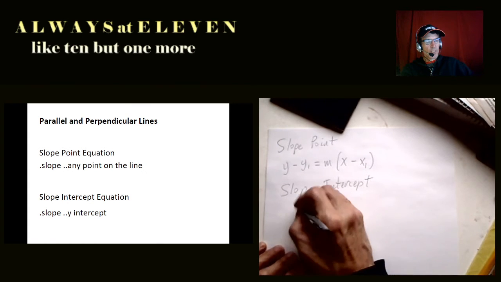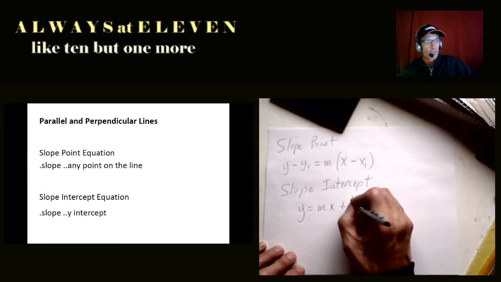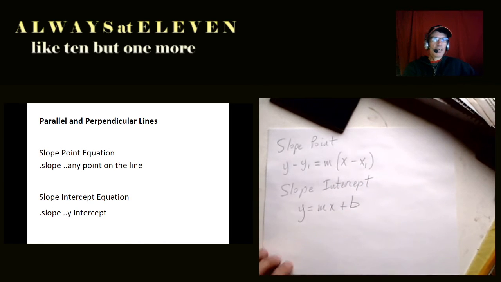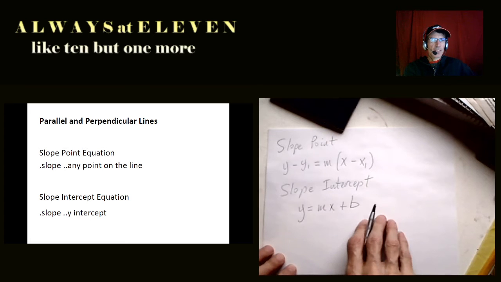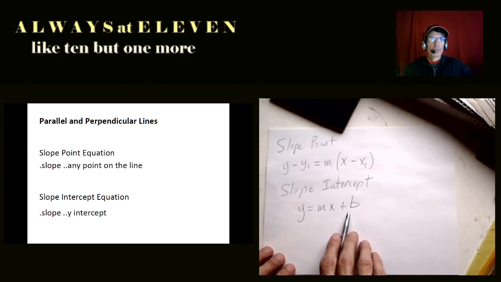But slope-intercept looks like y is equal to mx plus b, as we've seen before. For this one, what do you need to get this equation? The slope, just like the other version, and you need the y-intercept as well, which might be given directly, or you might have to figure out, possibly from the slope-point form.